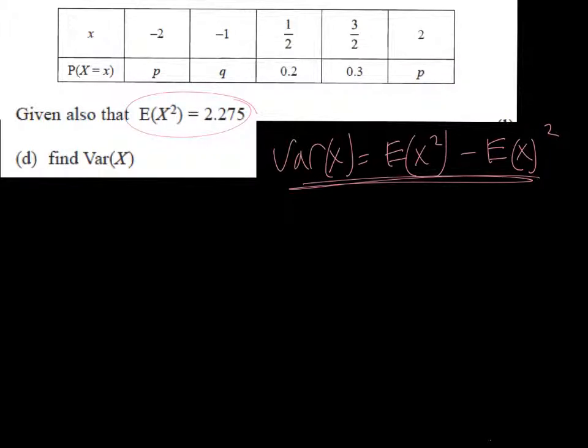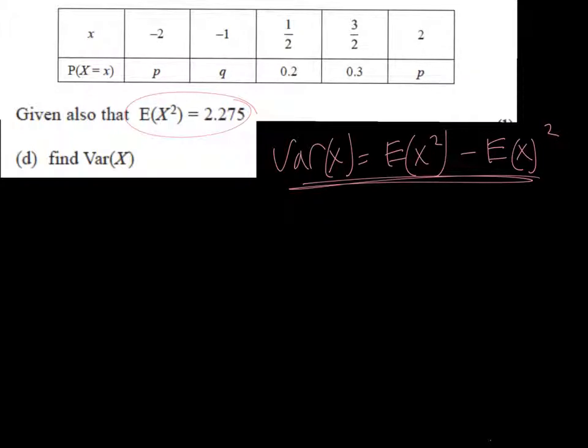And this should resonate with the formula for variance when you are looking at bivariate data, where you're looking at the mean of the squares minus the square of the means, which is essentially what we've got here. So we're just going to substitute in there.